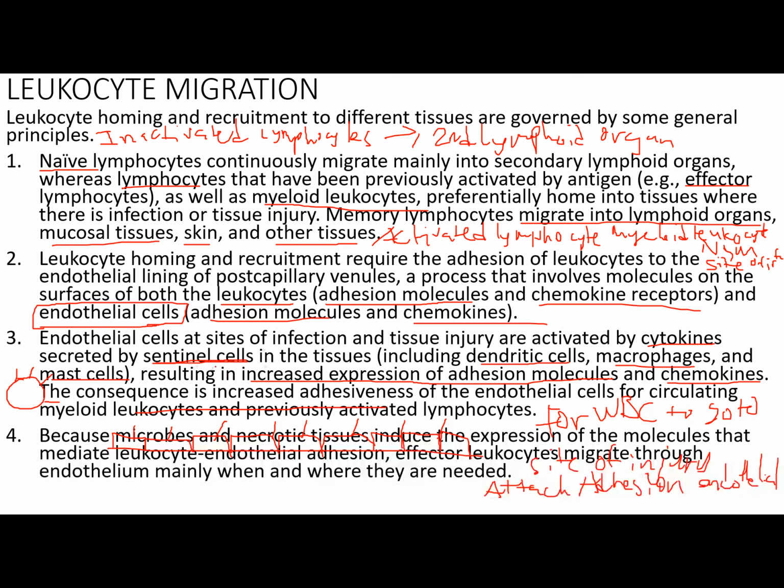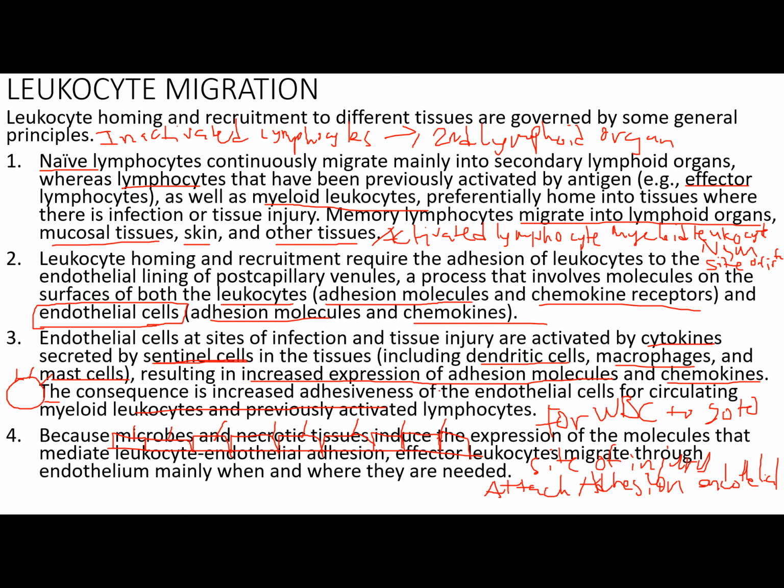Dahil sa mga sentinel cells, dadami daw yung adhesion molecules, dadami yung chemokines. And an example of sentinel cell class is yung dendritic cell, macrophage, and mast cell. So kapag dumami yung chemokines, the more chemokines present class, the more myeloid leukocytes and activated lymphocytes will go to the site of infection.